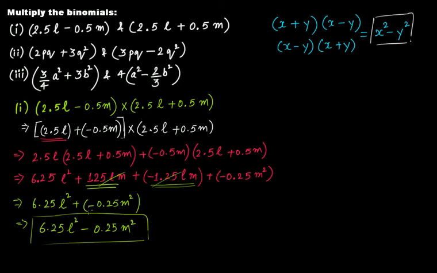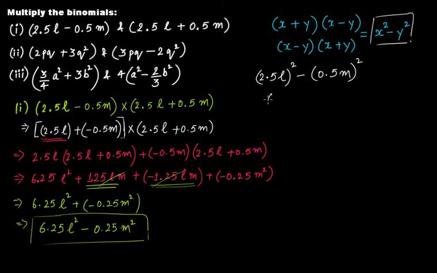Now if you want to check, here you have 2.5L, think of 2.5L as x, so x minus 0.5m as y, so x minus y, then x plus y, so this is x squared minus y squared. So what is x squared? X squared is 2.5L whole squared minus y squared, which is 0.5m squared.